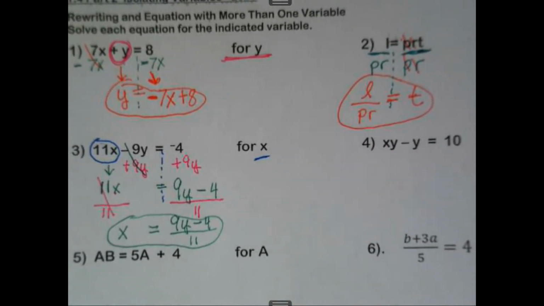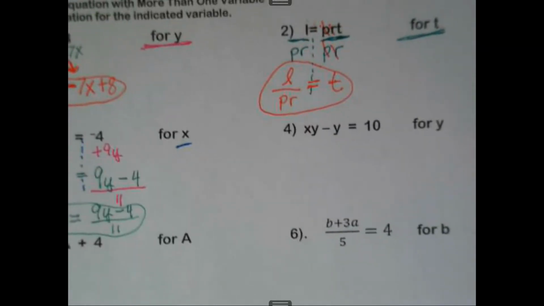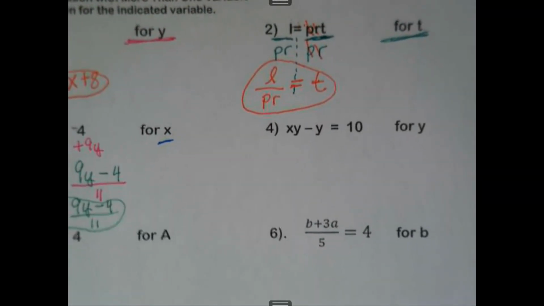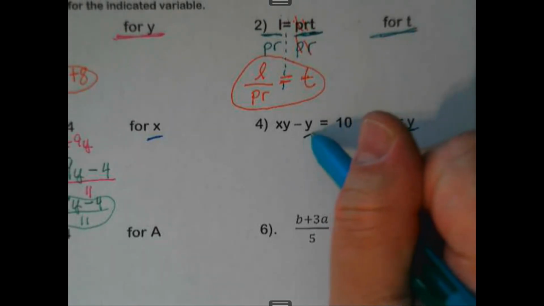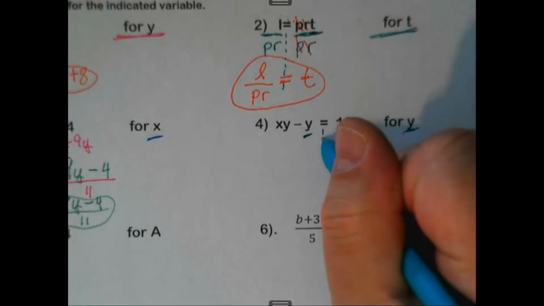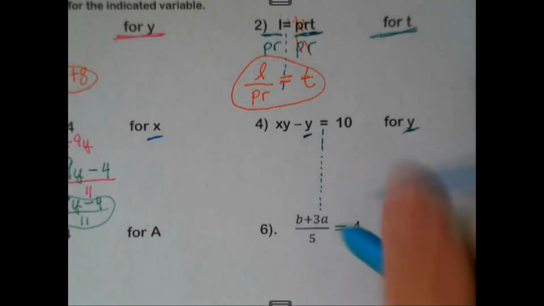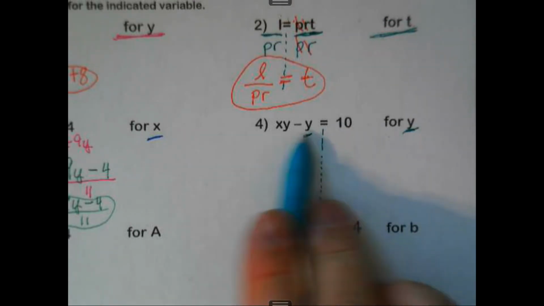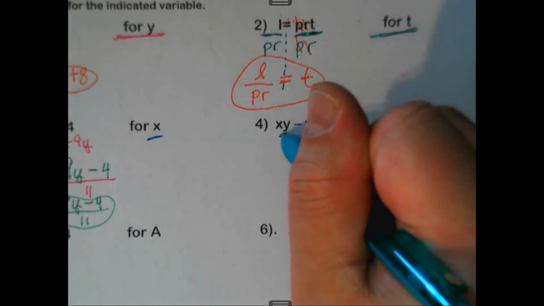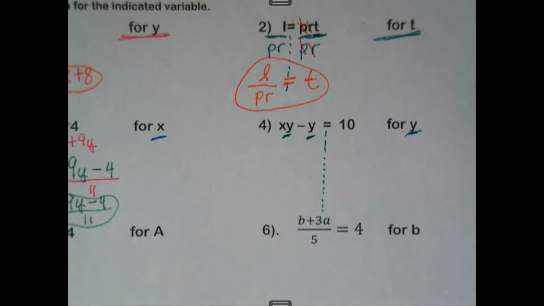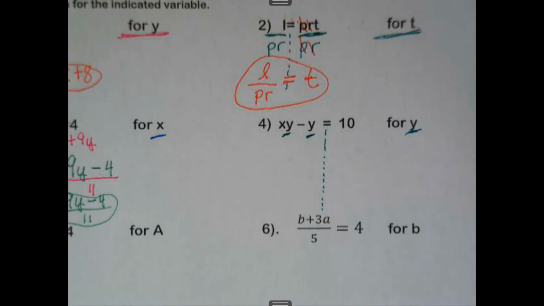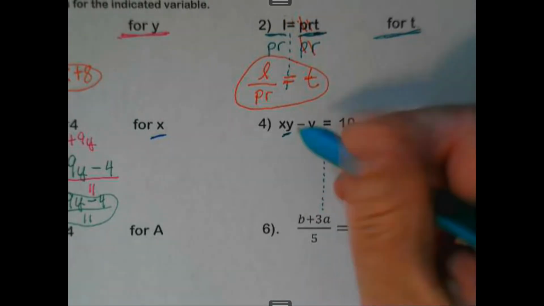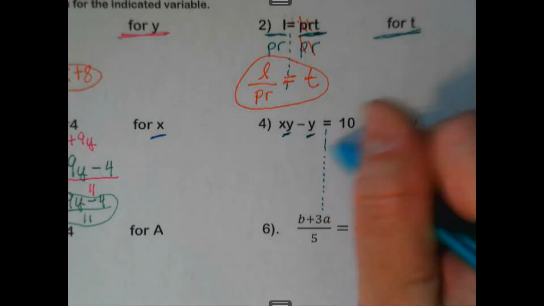Number 4 says solve for y. So I'm going to, oh, look at that. I have it in both terms. So because I have it in both terms, and there's two terms here, if I tried to bring this term over here, then I'd have y's on both sides.